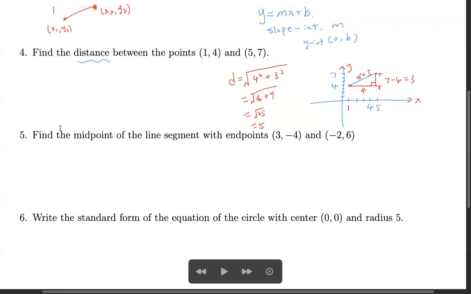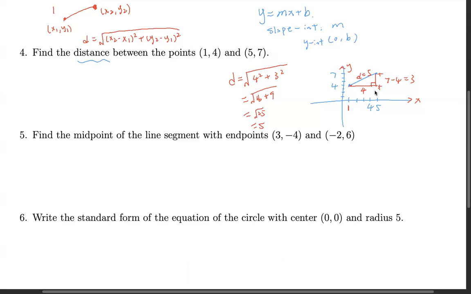Then the distance equals the square root of (x2 minus x1) squared plus (y2 minus y1) squared. Just like what we did here: x2 minus x1 gives 4, and y2 minus y1 gives 3.